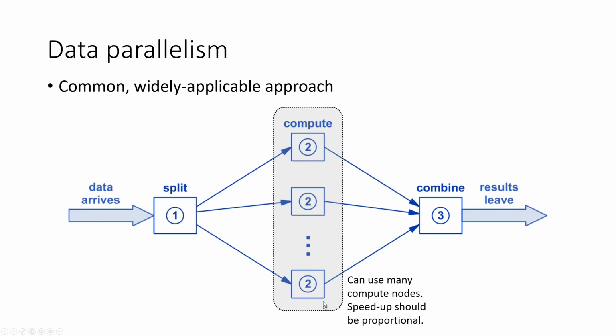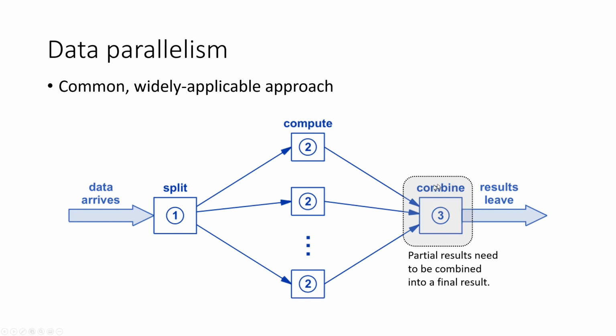Each compute node will process that data and compute a partial result. The speed up that we get should be proportional to the number of compute nodes that we use. For example, if we're using 10 compute nodes, we would want the application to become more or less 10 times faster. And then finally, we're going to combine the partial results from the compute nodes and generate a final result.